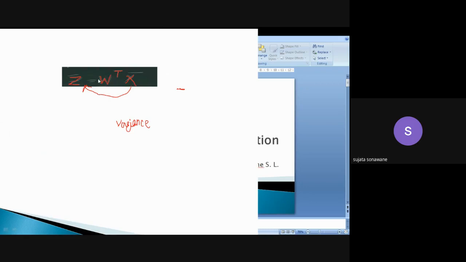So we can write Z is equal to W transpose times X. This is a projection from the n-dimensional space to the m-dimensional space, and whatever Z we get is in the reduced space. Now what do we expect from such a projection?